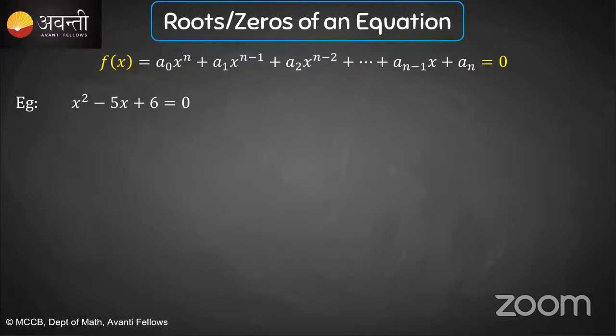Okay. Let's proceed. So now everyone please tell me, what is the root of this equation? x square minus 5x plus 6 is equal to 0.